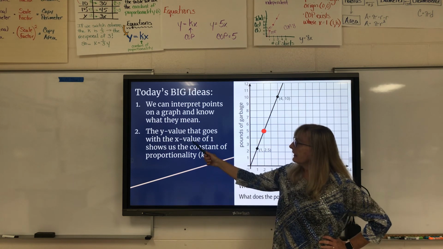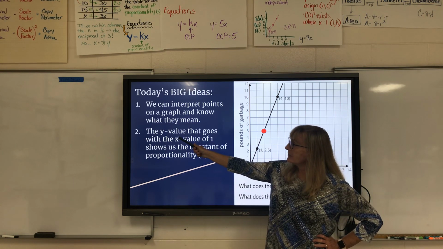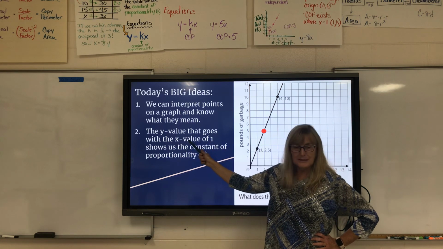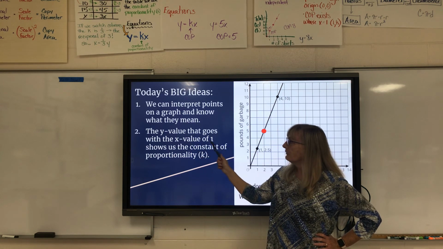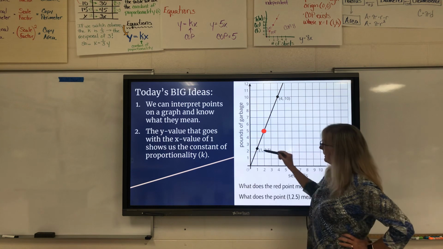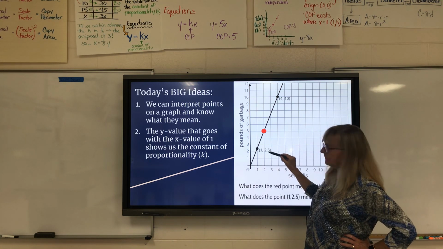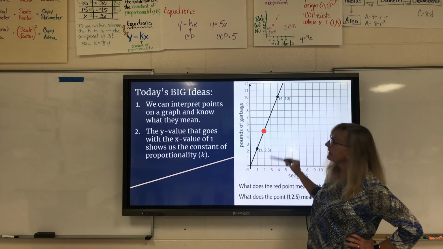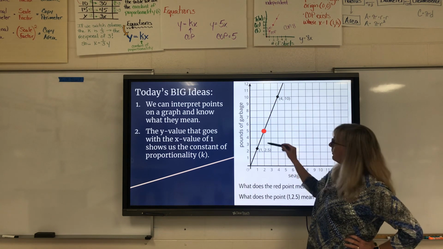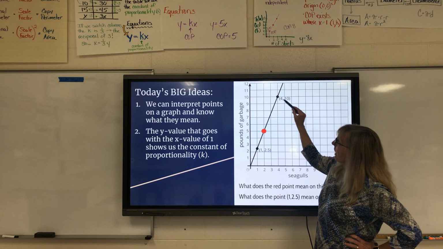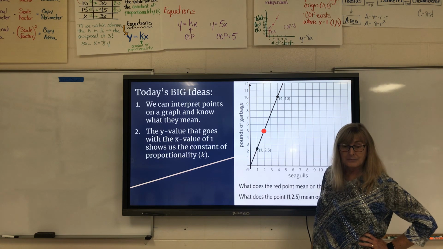Okay. Then the other big idea is the Y value that goes with the X value of 1 shows the constant. So right here, X is 1, so the constant is whatever Y is, and that's 2.5. And the way we discover that is we do Y over X, 10 divided by 4.